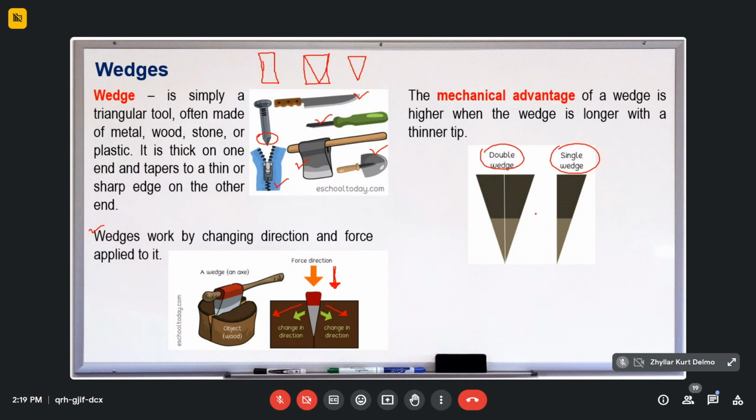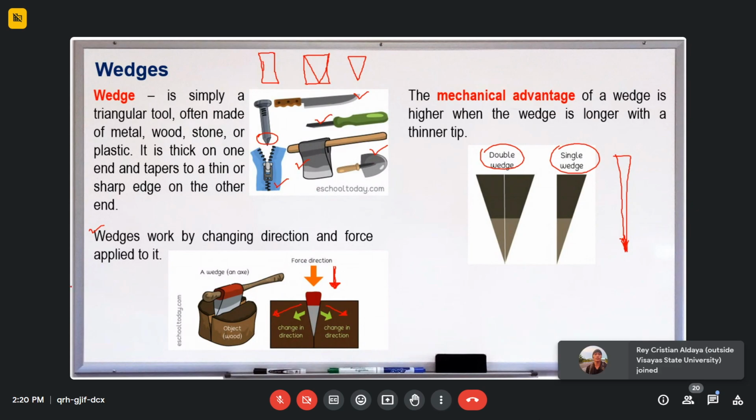If the wedge is long and thin, it has a high mechanical advantage, meaning it has the tendency to transfer a huge amount of force towards our object, from this wedge to the object that it will split or cut.